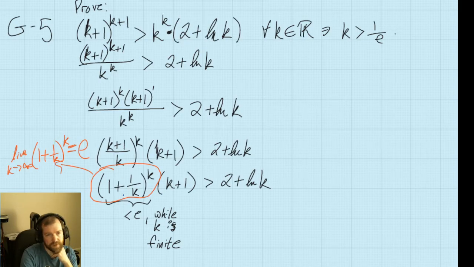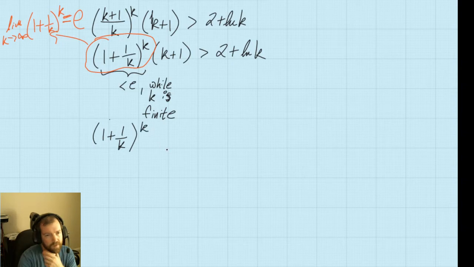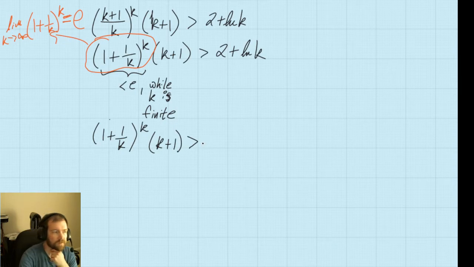So we always have something that is less than e, which means that this is going to be this thing that we have here. Okay, (1 plus 1 over k)^k times (k+1) is going to be greater than... did I just... No, that's right.